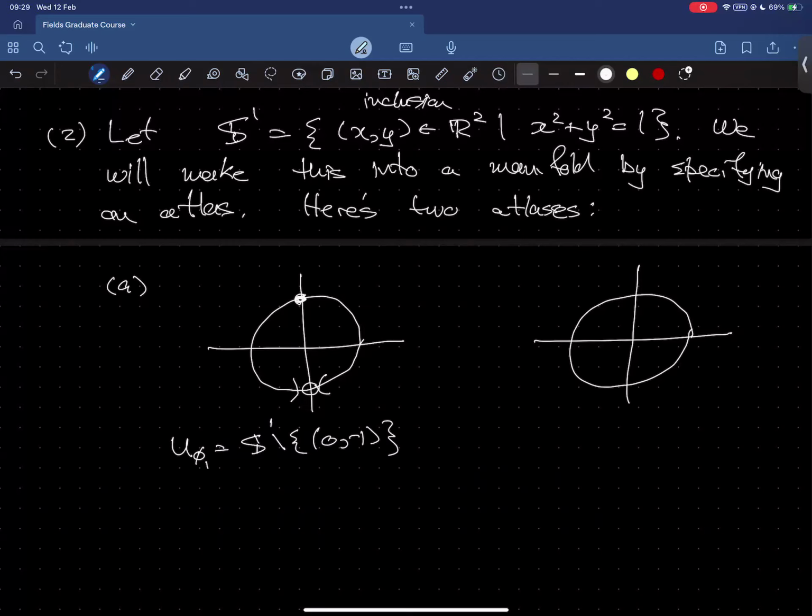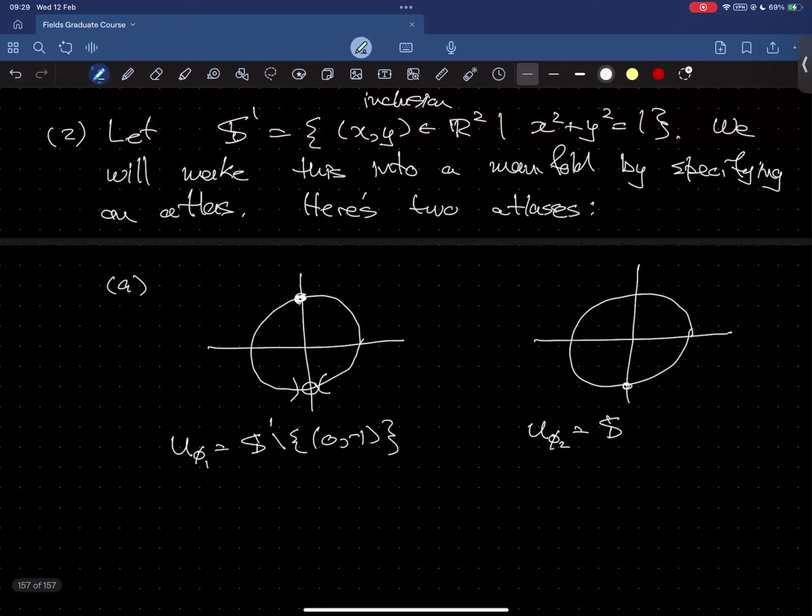And U phi2 is going to be S1, take away this point. So it's S1, take away (0, 1).